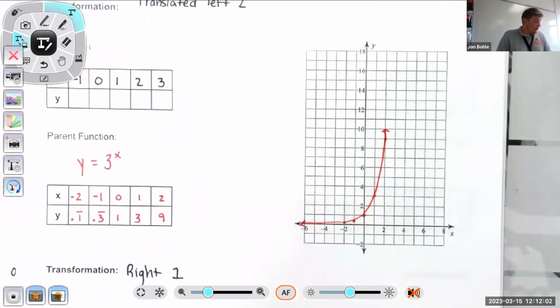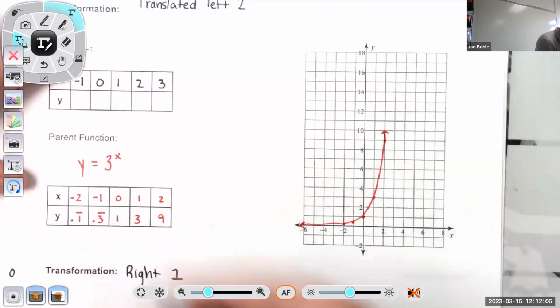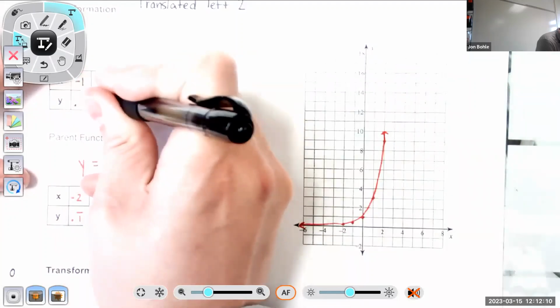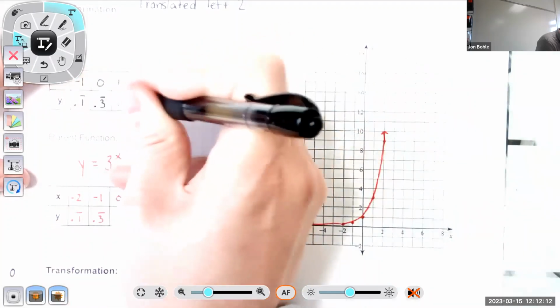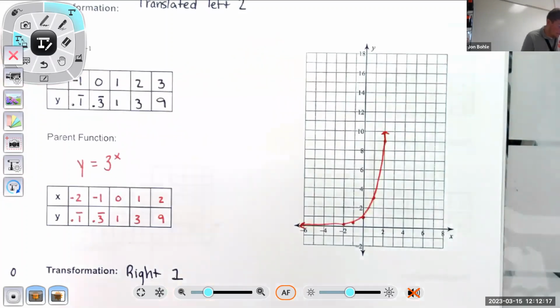Okay, so now what you can do is you could type these in one by one, but we know that everything's going to be the same in this particular circumstance. All we have to do is move everything to the right 1 unit.